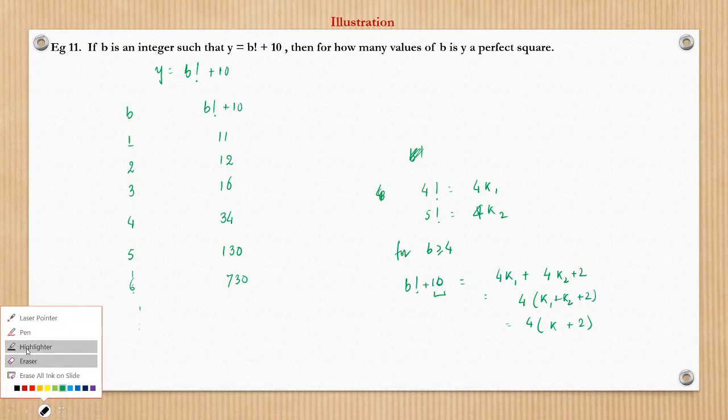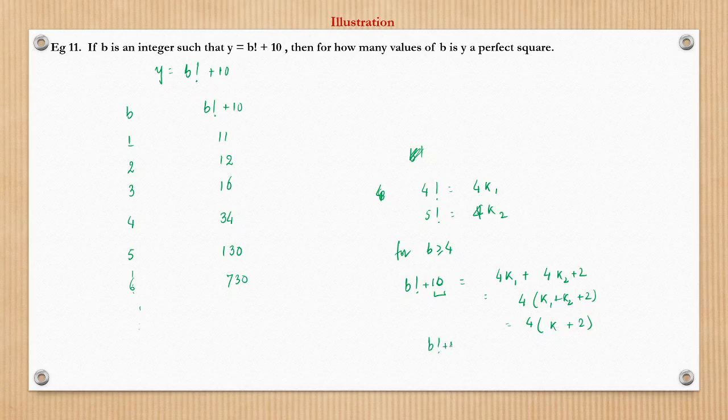So now what we can see is that b factorial plus 10 is nothing but 4k plus 2 for b greater than or equal to 4.